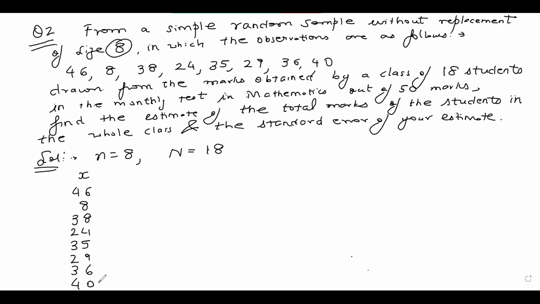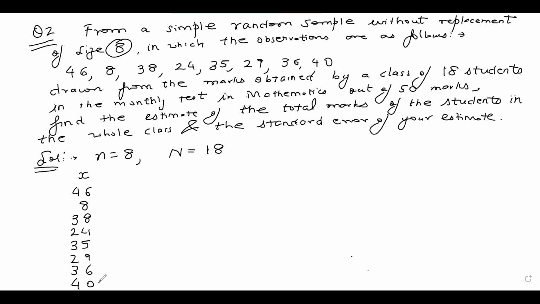Okay, so to calculate the total marks, one thing I can first of all calculate is the sample mean. Because from the sample mean, I can not only estimate the population mean, I can also estimate the total marks. I can not only estimate the average marks of these 18 students, but I can also estimate the total marks. In order to do that, first let me calculate the sample mean.